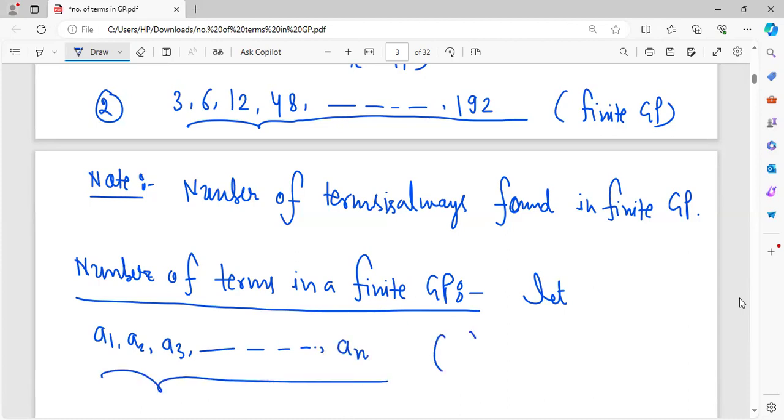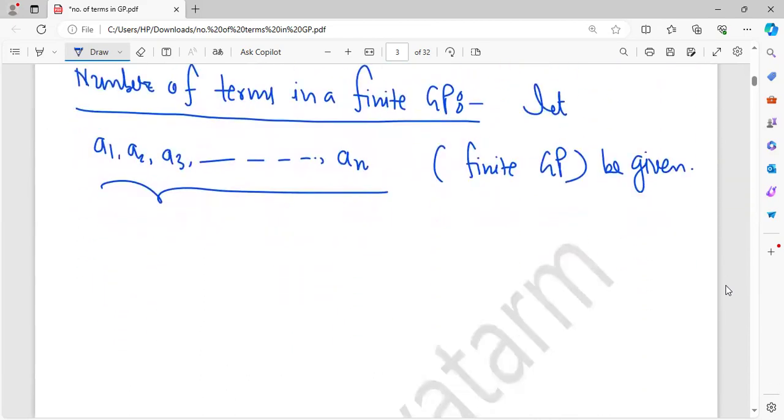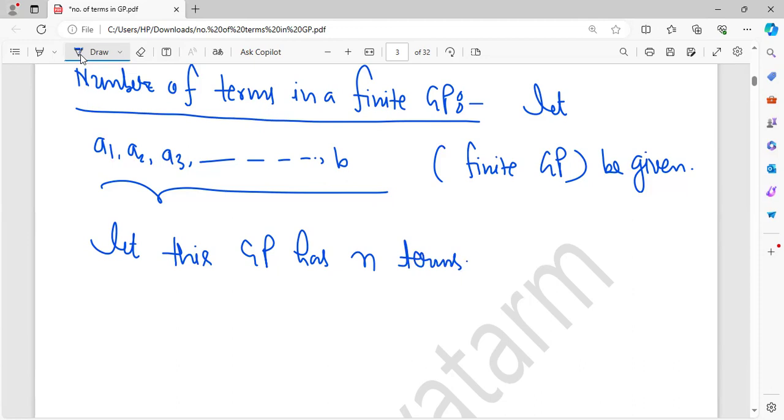So this is a finite GP. Say B is given. How to find the number of terms? Let this GP have n terms.